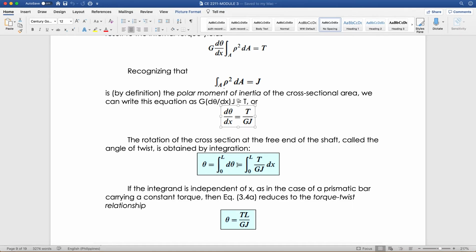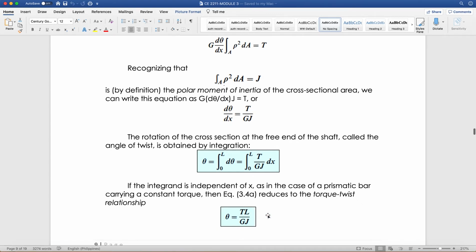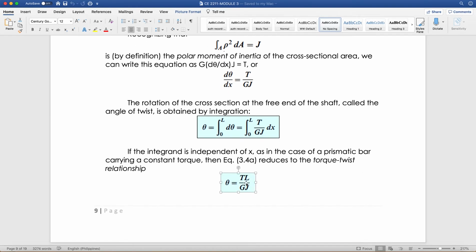Theta is equivalent to the integral of the derivative of the angle of rotation from 0 to L, and theta is equivalent to T dx over GJ. Therefore, theta is equivalent to the torque times the length divided by the modulus of elasticity for shear times the polar moment of inertia. Okay? So kindly memorize this equation.